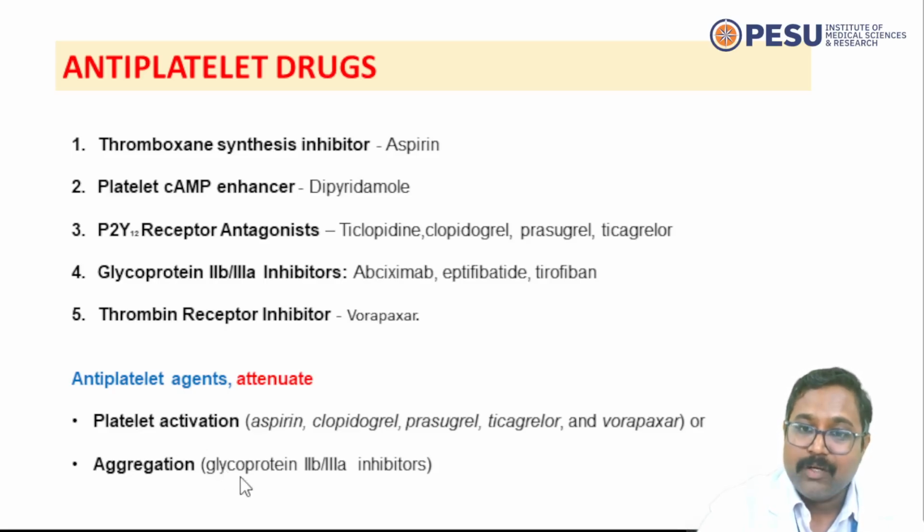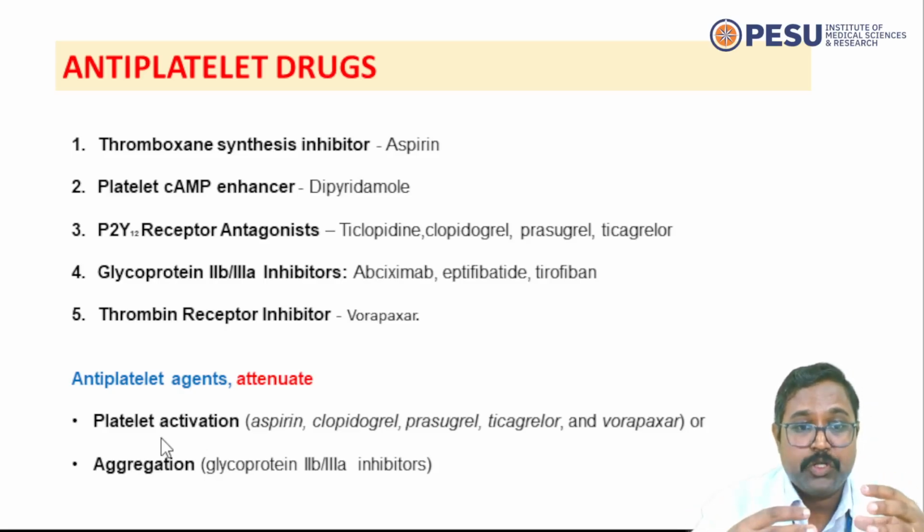On the other hand, glycoprotein 2B3A inhibitors will decrease the platelet aggregation property. So basically, most of the drugs will inhibit the activation, but glycoprotein 2B3A inhibitors will inhibit the aggregation of two platelets together.